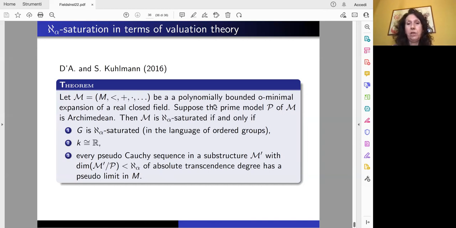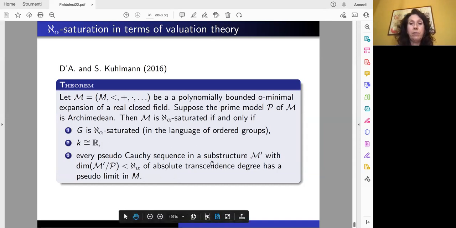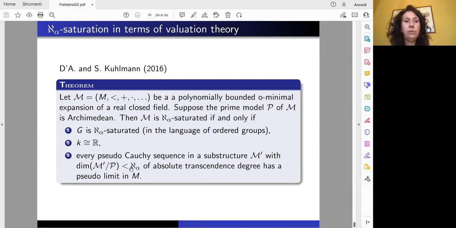Assuming that the prime model is Archimedean, the following characterization of aleph-alpha saturation holds. As before, the value group has to be aleph-alpha saturated, the residue field is isomorphic to R, and every pseudo-Cauchy sequence in a substructure with dimension over the prime model of the right cardinality of absolute transcendence degree has a pseudo-limit in M.